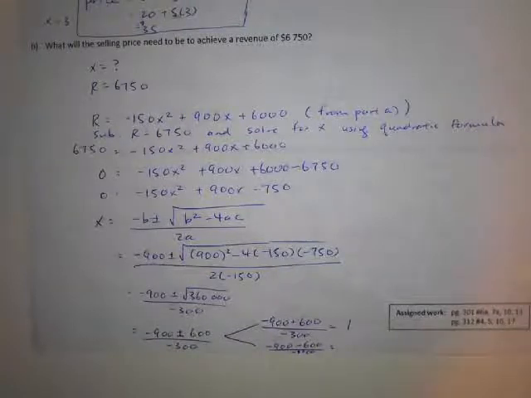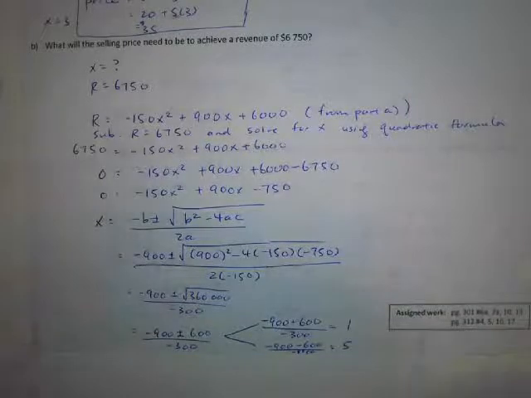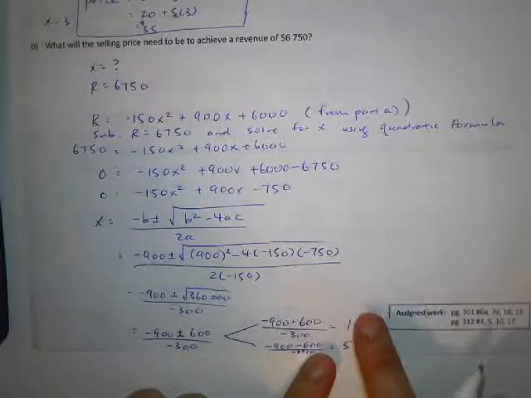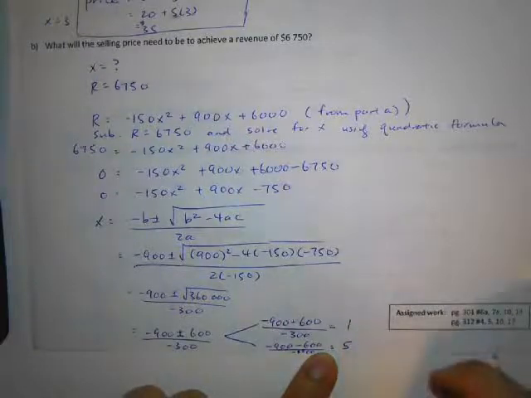Negative 15, 5. 1 or 5. So there's 2 selling prices that would give a revenue of $6,750. You got 2 possible values for x. That means we're going to get 2 different selling prices.